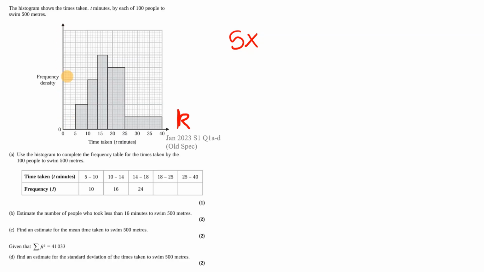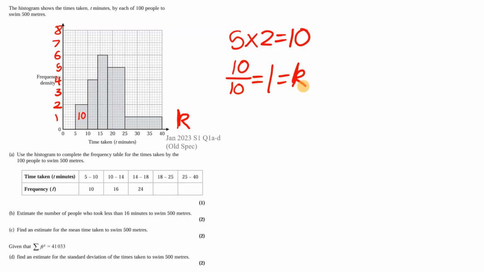Now the y-axis is unlabeled. I'm just going to say that this is 1, this is 2, this is 3, this is 4, this is 5, this is 6, this is 7, and this is 8. So it comes up to 2, so it's 5 times 2, which is 10. So this is the area, 10, and we can see that this is also the frequency. So 10 divided by 10 is equal to 1, so it's equal to K. So this is one of the nice examples where the area is equal to the frequency, okay?